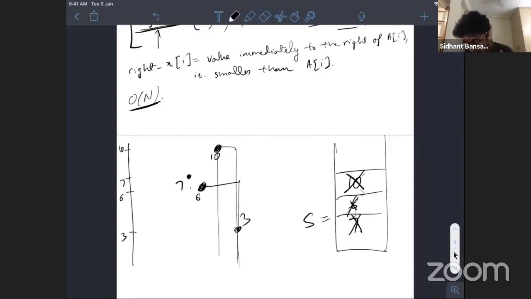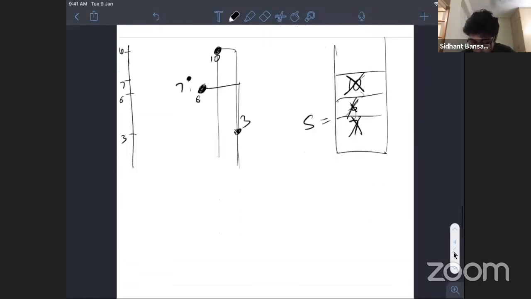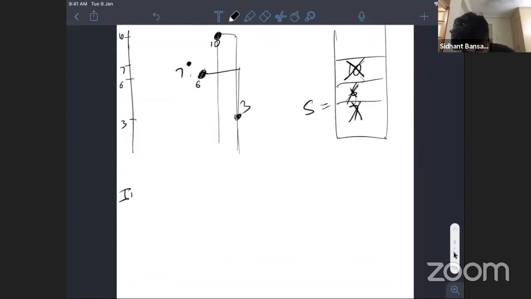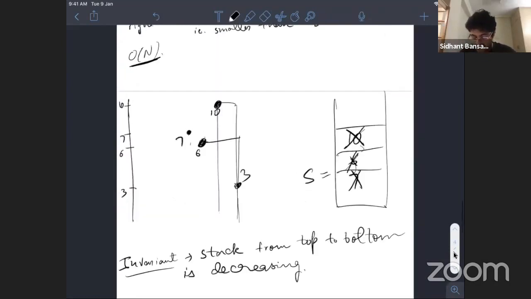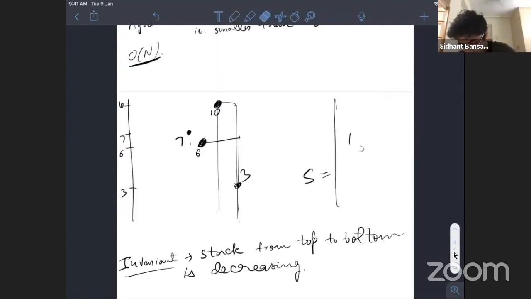You can see there is some similarity to the DQ question here, that we are popping out things. Also realize that there is an invariant here, similar to the invariant we had in DQ. The invariant here is that the stack from top to bottom is decreasing.